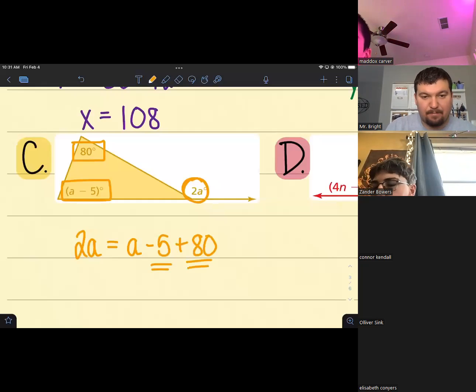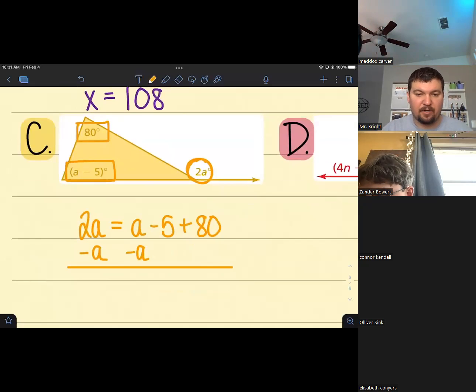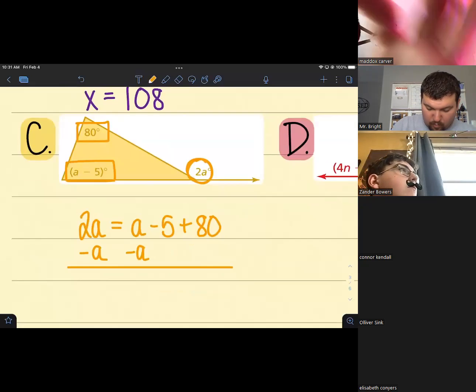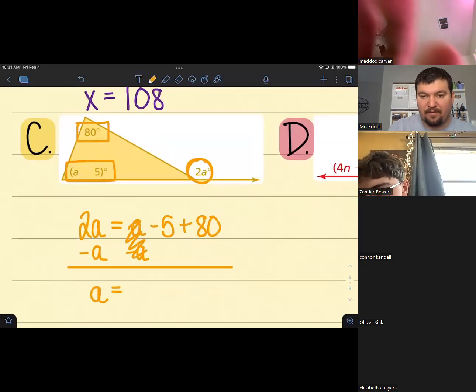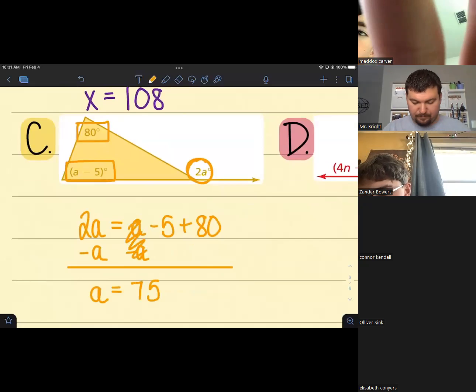At the same time, we know that we've got variables on both sides of the equation, and so we're going to have to subtract A from both sides, so we can get our variable just on one side. Remember, towards the beginning of the year, we had equations that had variables on both sides. And so 2A minus A is just going to be 1A, and then that goes away. And then we just said that negative 5 and 80 makes 75. So A is going to be equal to 75.